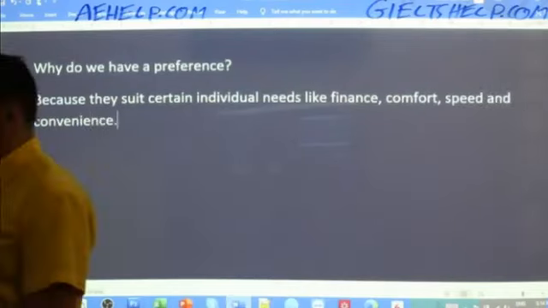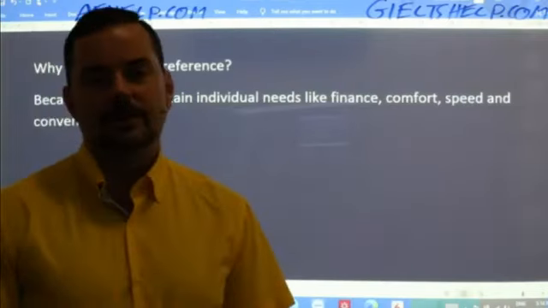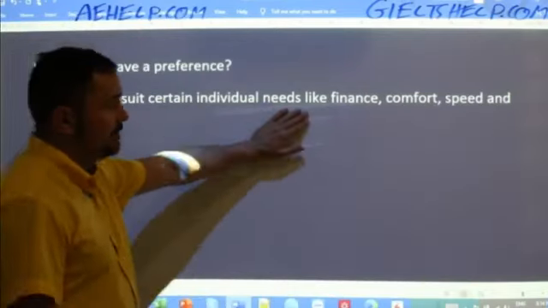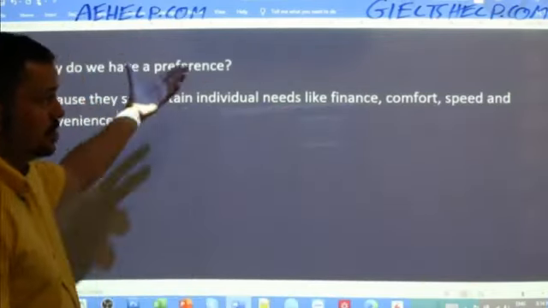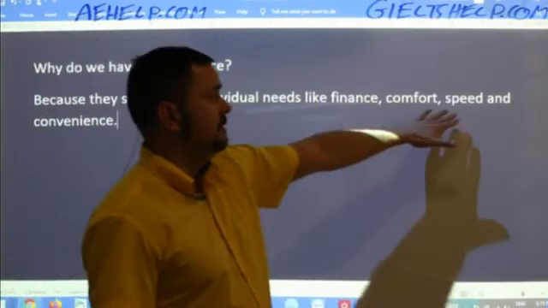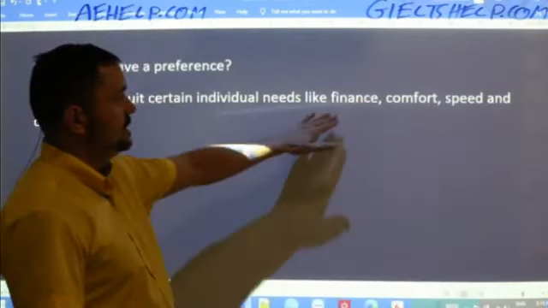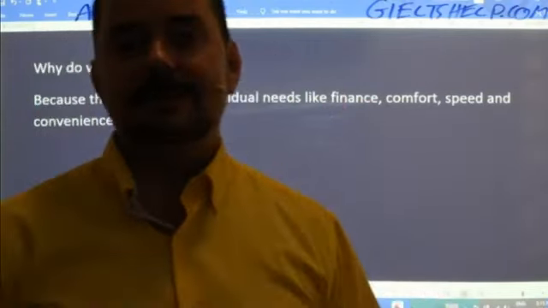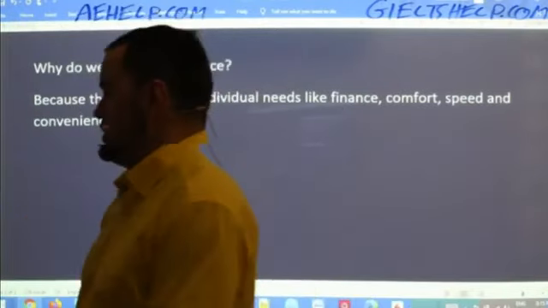Okay, so that's why we have this kind of preference in transport, because it suits our individual needs. Some people prefer a certain type of transport because it's cheaper, not necessarily because it's more comfortable. Others might prefer it because it's faster, not necessarily because it's cheaper, right? So preferences vary from individual to individual, all right?